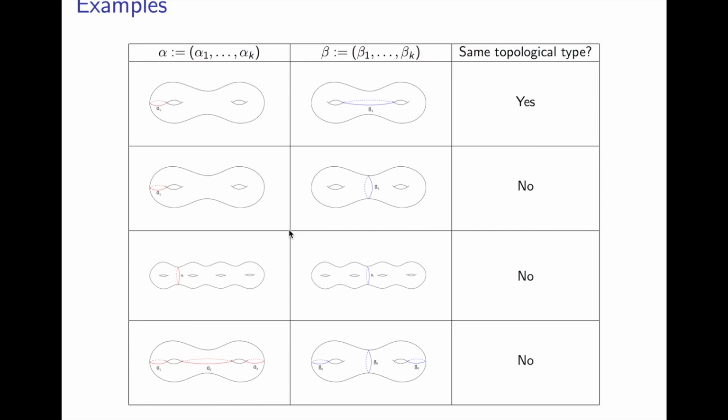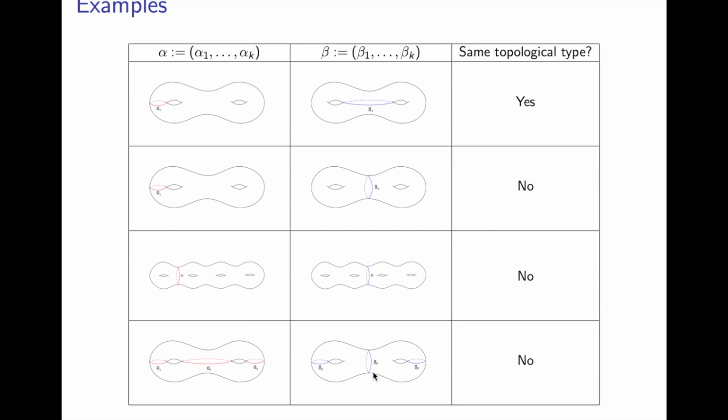In the third case, we have two separating curves in genus 4 surfaces which do not have the same type because they do not cut the surface into pieces with the same topology. And in the last example, we have two multicurves that do not have the same topological type, even though they cut the surface into the same pieces: the multicurve here doesn't have separating components, while this multicurve has a separating component.